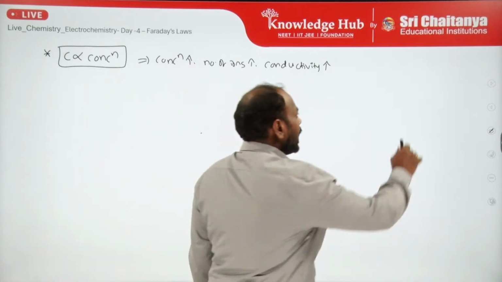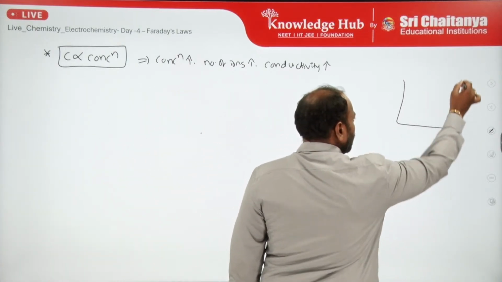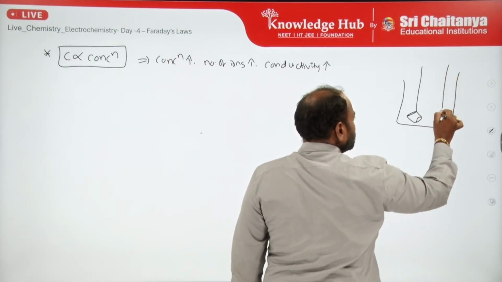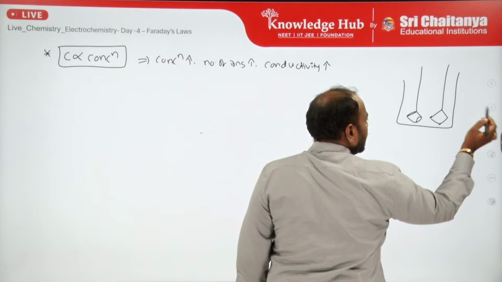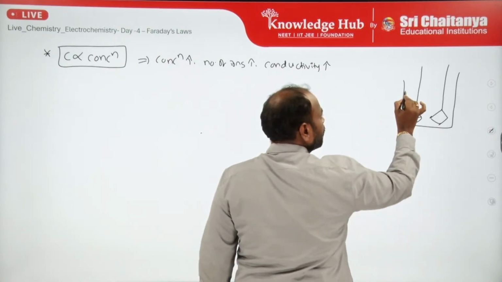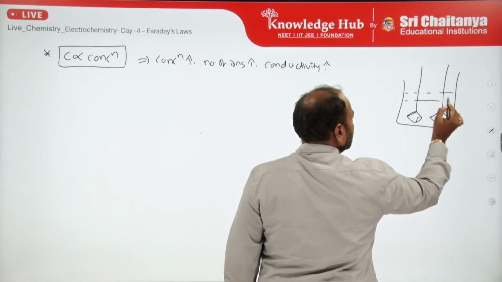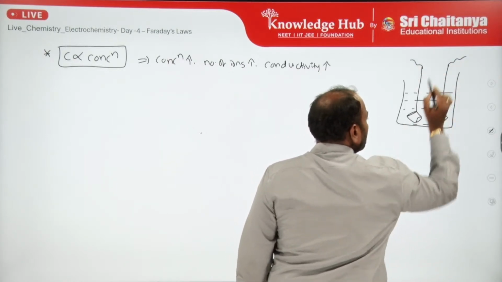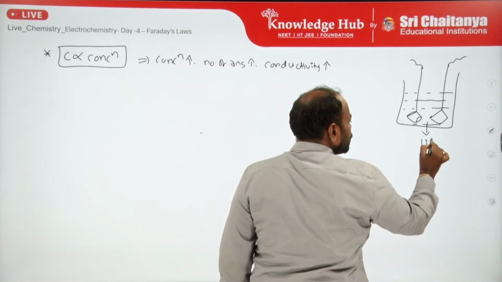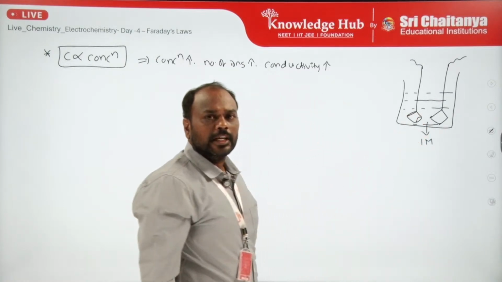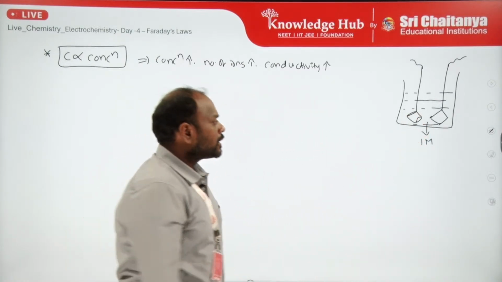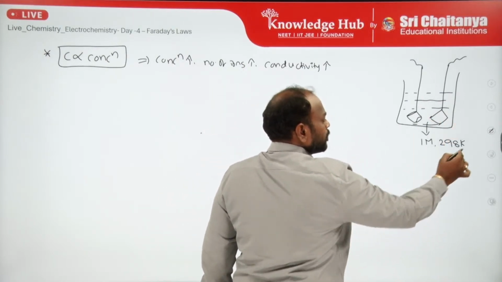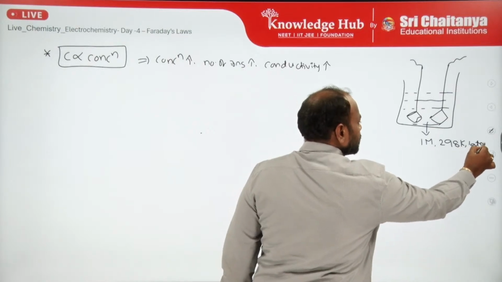Now, in electrolytic solution or in electrolytic cell, suppose one molar solution is used, concentration is 1 molar, the temperature is 298 kelvins, pressure is 1 atmospheric pressure.